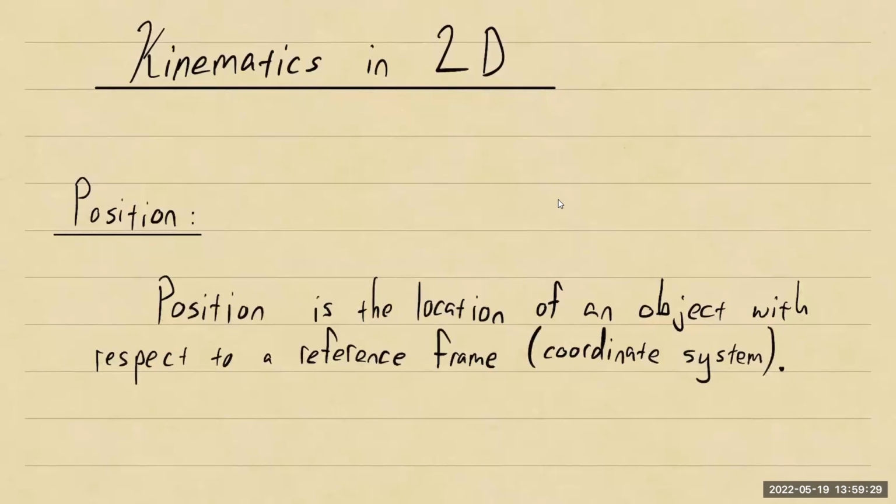And we're going to denote the position of an object in 2 dimensions by a position vector r.